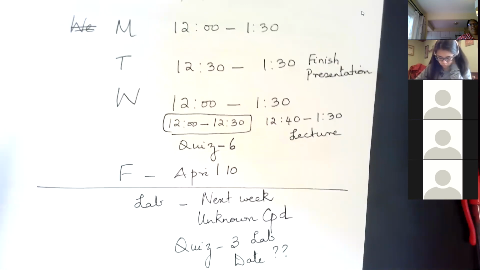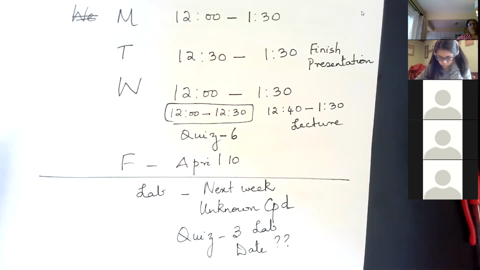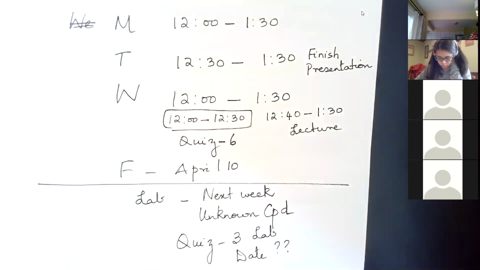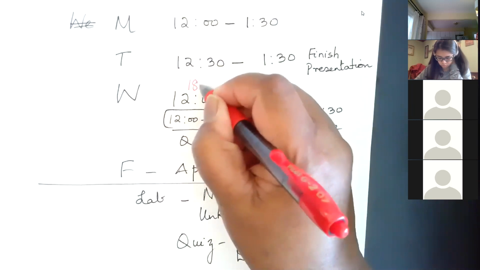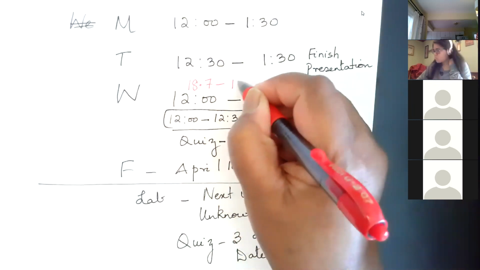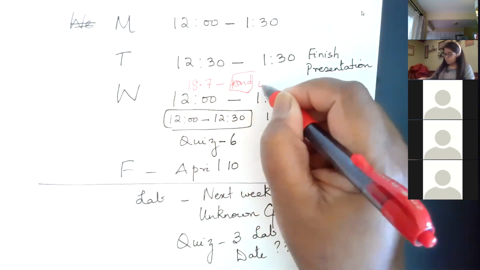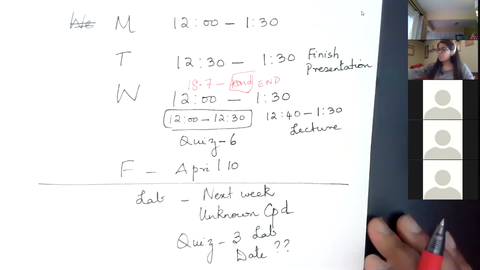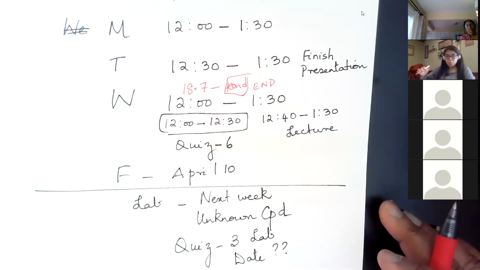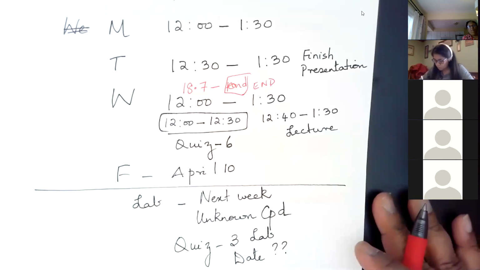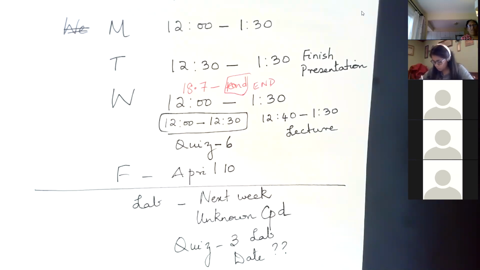Wednesday, 12 to 12:30, you're taking the quiz. Do you know what sections you have to review for the quiz? 18.7 through the end. You don't have to know the mechanism for elimination addition, but you have to know how to predict products.